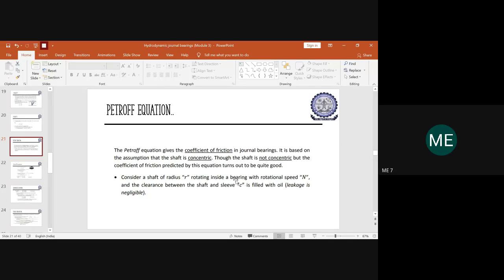This clearance will be filled with the lubricant film or the oil. When you fill the lubricant film across the surface and the bearing, usually there will be some leakage, but in this derivation it is assumed that the leakage is very small or negligible. So these are the basic concepts you have to keep in mind while deriving the Petroff equation.